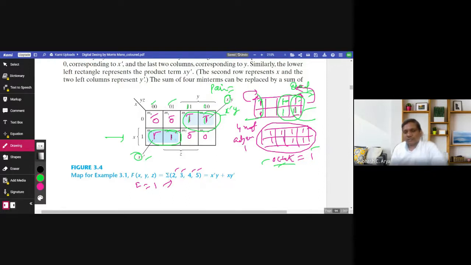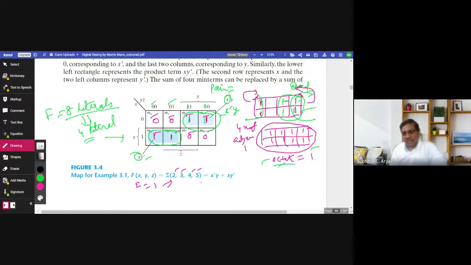Now, in the original expression, how many literals were there? 8 literals were there. This f consists of 8 literals. But with the help of this Karnaugh map, we are able to minimize this function from 8 literals to 4 literals, and this is our job, to minimize this function.